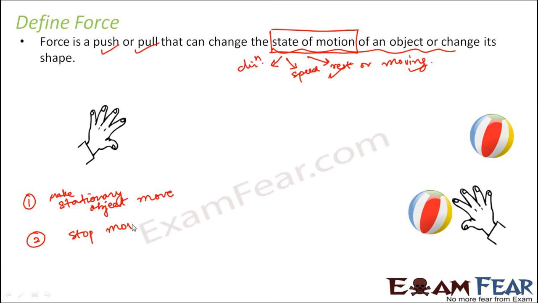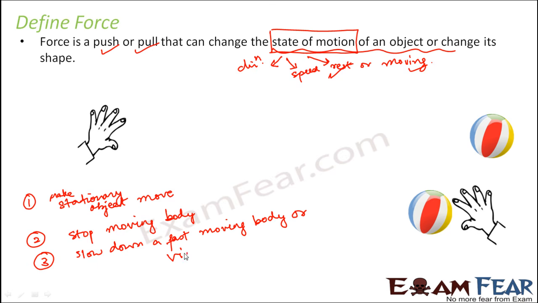So if an object is already moving, it can stop that object. What else can it do? It can change the speed of a moving body. That means it can slow down a fast moving body, or it can even speed up a slow moving body, or vice versa.